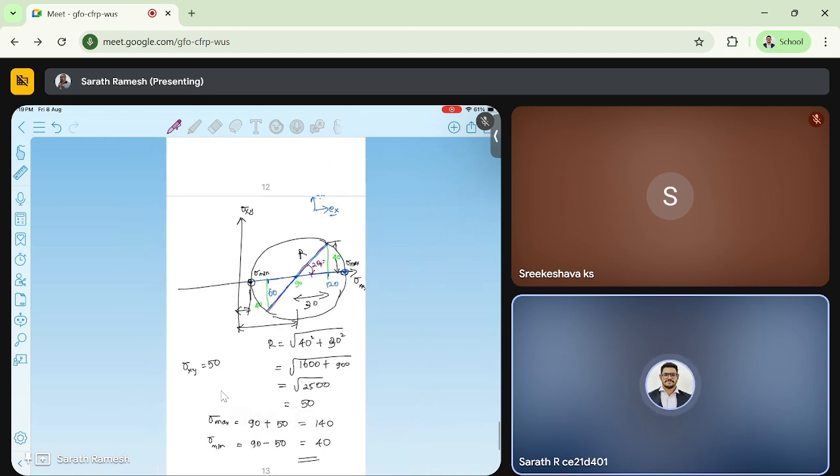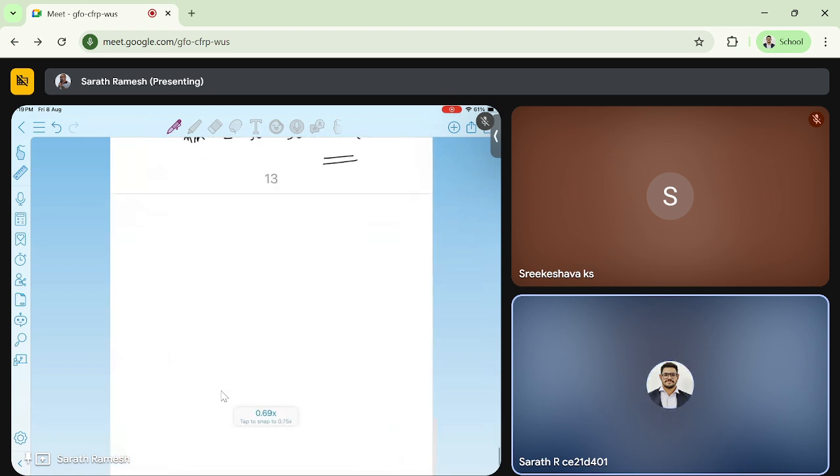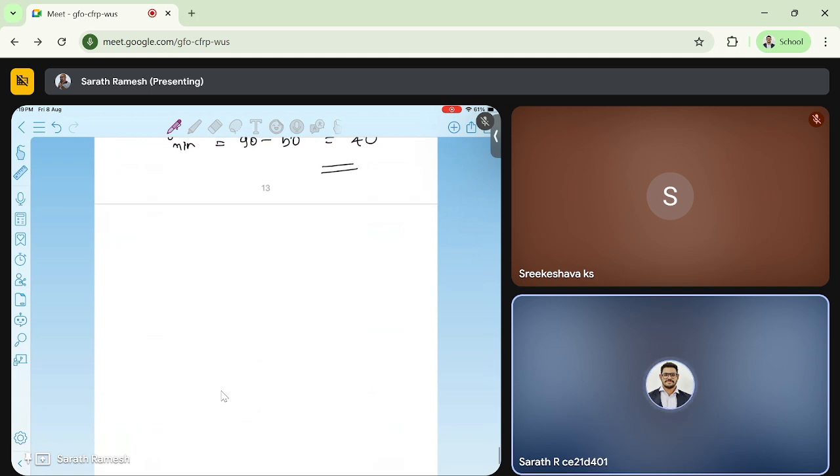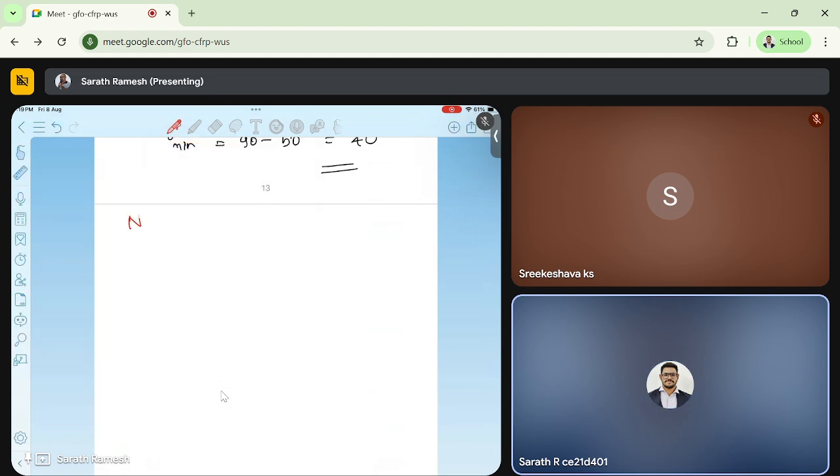Finally, the last topic for today is 3D state of stress. But before that, maybe I'll quickly go through the concepts of finding normal and shear stress, which we would have seen last week. How will we find normal stress? Sigma n is nothing but T of n dotted with n.